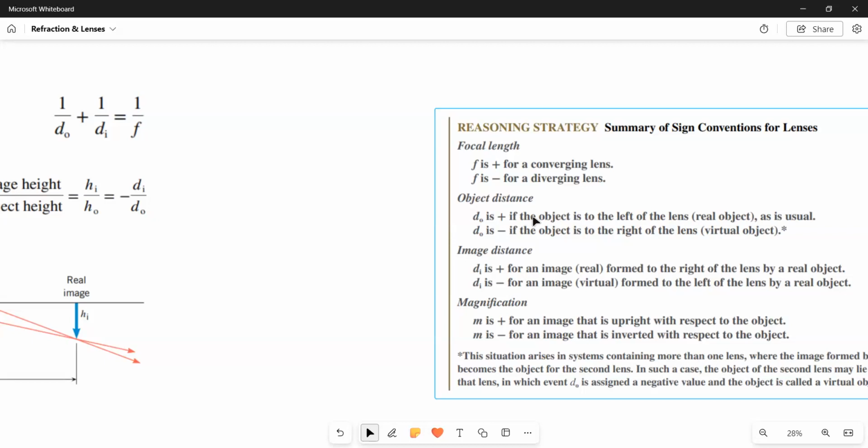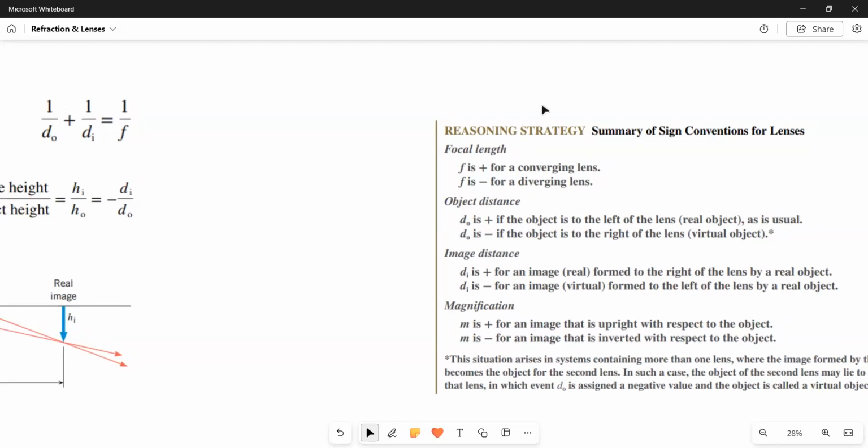Object distance is positive if the object is left of the lens. And if the object distance is negative, that is, if the object is right of the lens, it's a virtual object. This is not usual; that has to do with repeated lenses. So I was trying to clarify: if M is positive, the image is upright. If M is negative, the image is inverted.